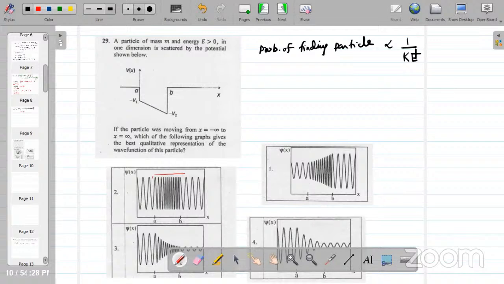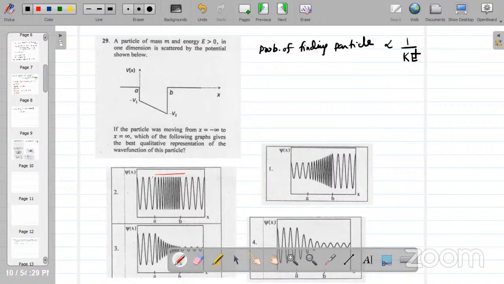So when you do a measurement, you have a small probability to find the particle in a region where kinetic energy is more. Suppose kinetic energy is less in a given region, then the particle has less velocity and will spend more time in the region. So the probability of finding the particle in a region where kinetic energy is less is more. That's why I'm giving this qualitative connection: probability is inversely proportional to kinetic energy.